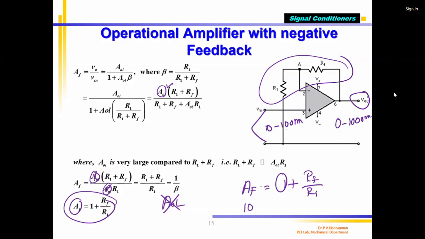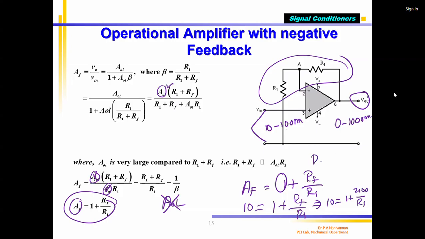Correct? 0 means 0, 100 millivolts to 1000 millivolts, 10 times I want to amplify. So AF should be 1 plus RF divided by R1. Now there are two variables. One variable I can assume. I can say 10 equal to 1 plus RF, which I decided as 2000, divided by R1. So you can find out R1.